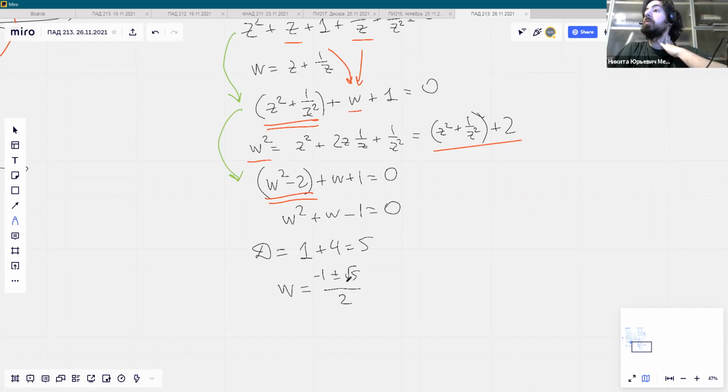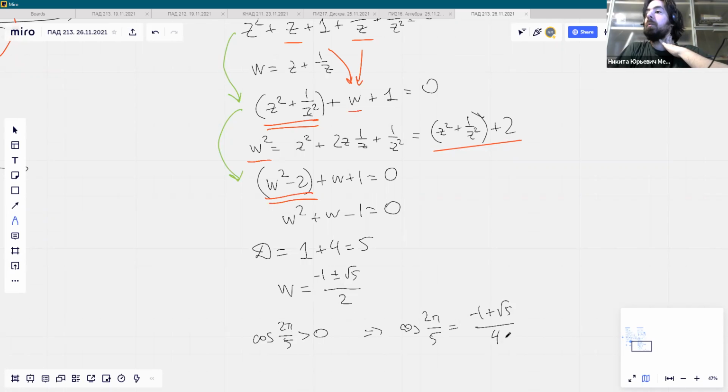I have two values, but cosine of 2 pi over 5 is greater than 0. This angle is, well, somewhere in the first quadrant. Thus, it equals -1 plus square root of 5 over 4.